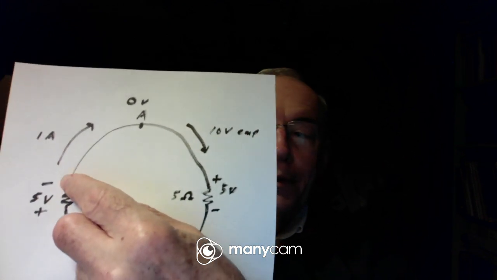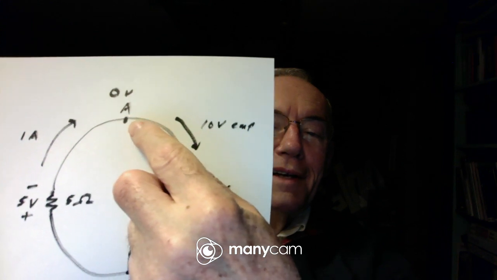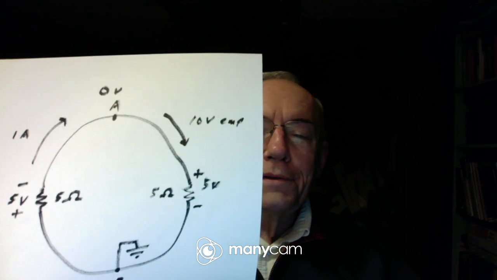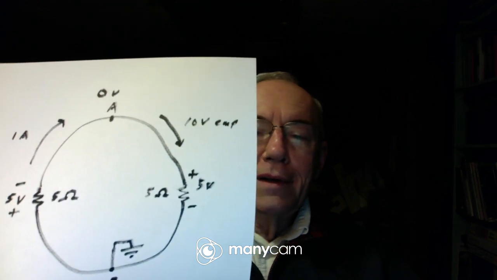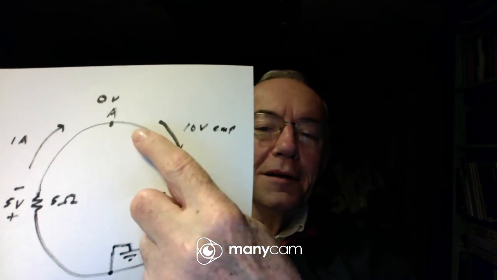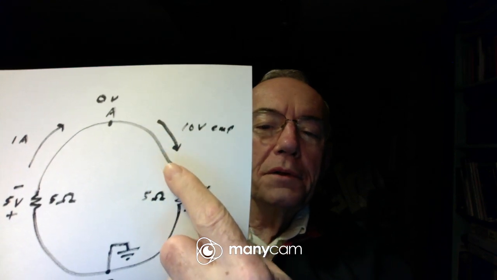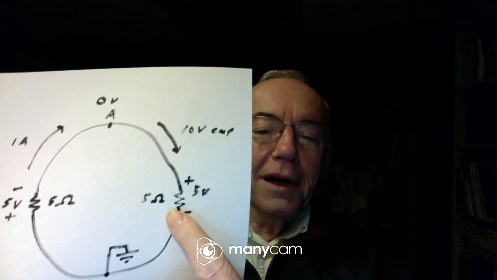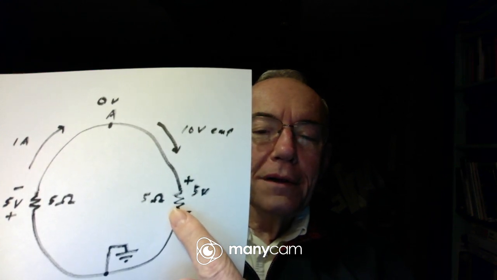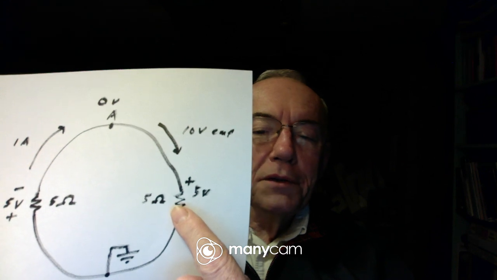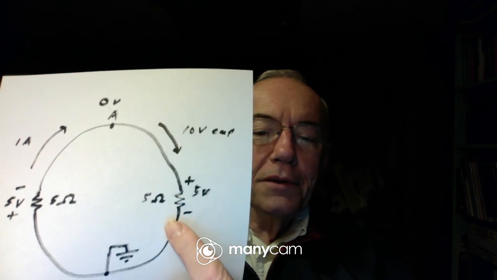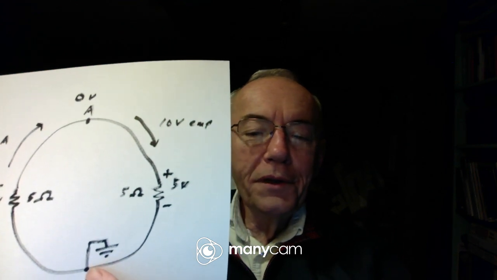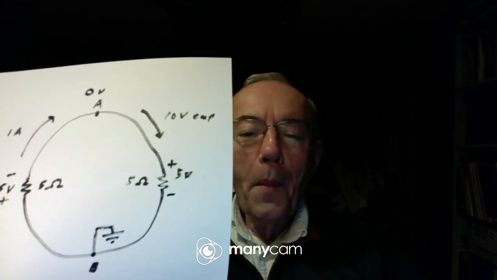Then you gain another 2.5 volts EMF to reach 0 volts at point A. Then continuing on, around you get 2.5 volts down to this resistor, which again bucks it, so you have minus 2.5 volts. And then you gain another 2.5 volts by the time you reach ground, so you get 0 again.